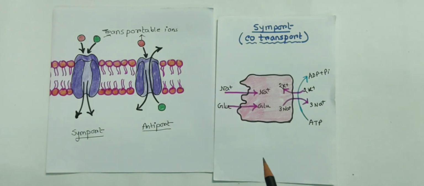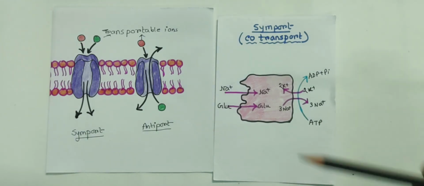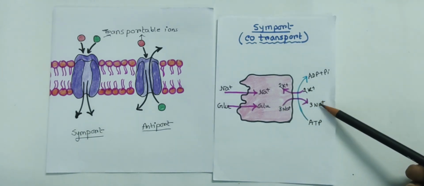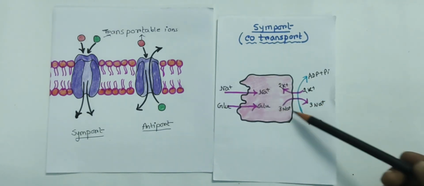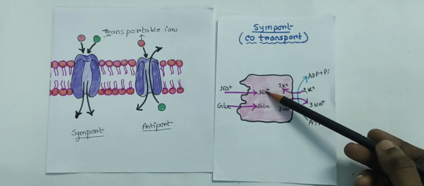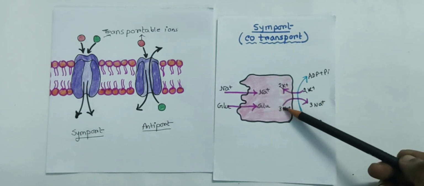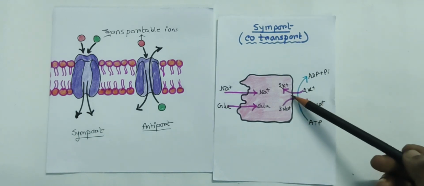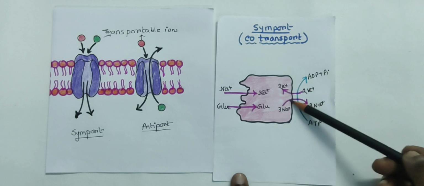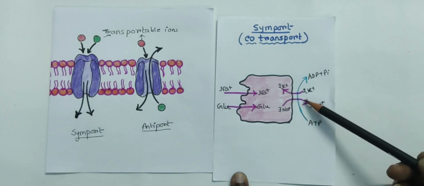Along with the sodium ion, glucose moves inside the cell, and the sodium is pumped out by the channel utilizing energy. The sodium enters the cell, and then this sodium is pumped out by the pump. That pump throws the sodium outside of the membrane. How do they get energy?